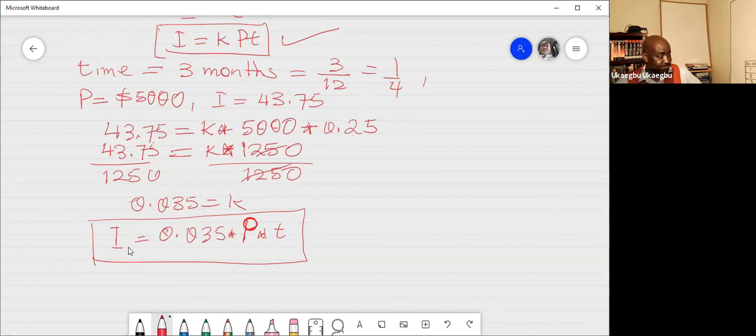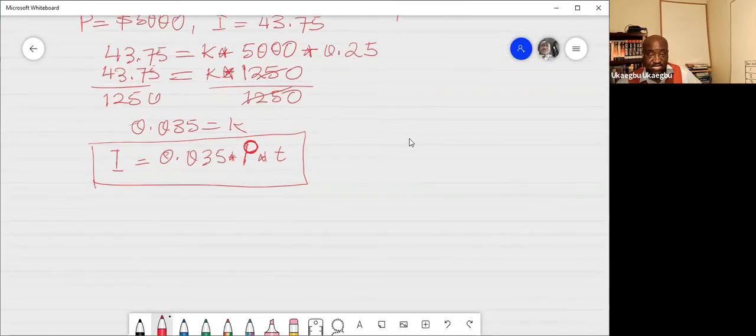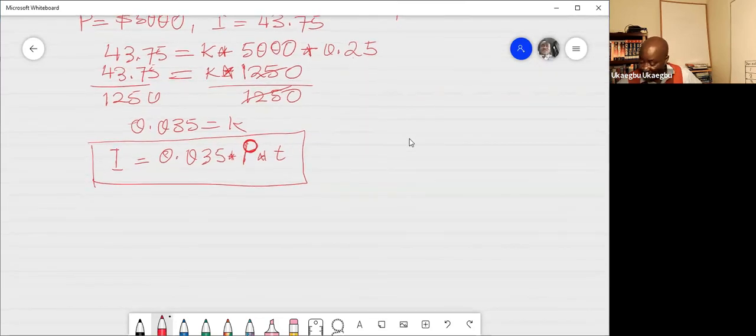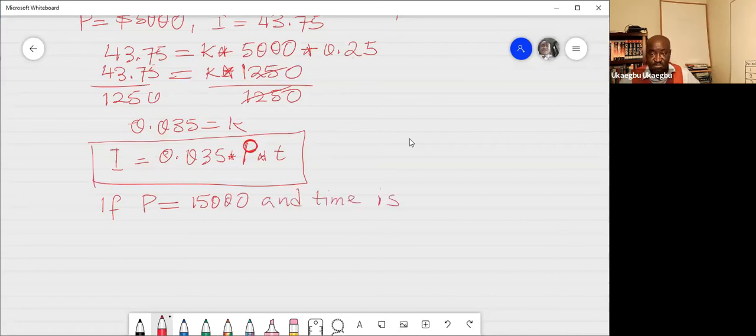Now let's say somebody dropped $15,000 for 1 year. Let's just say 1 year instead of 3 months. So if P is 15,000 and time is, you can use the time in months if you want.